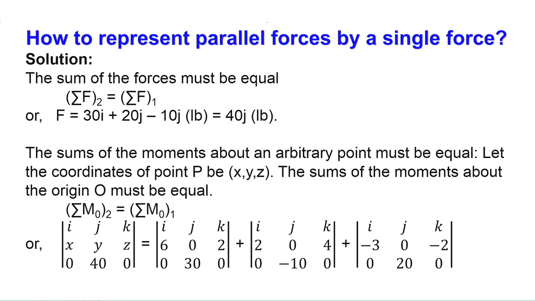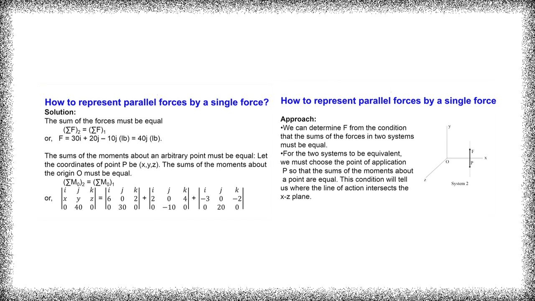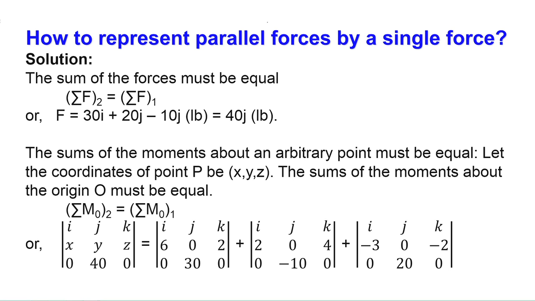Let us see how we will take the moments for system 2, where F is there and point P is there. For point P we take x, 0, z as the three coordinates, and y will be 0.